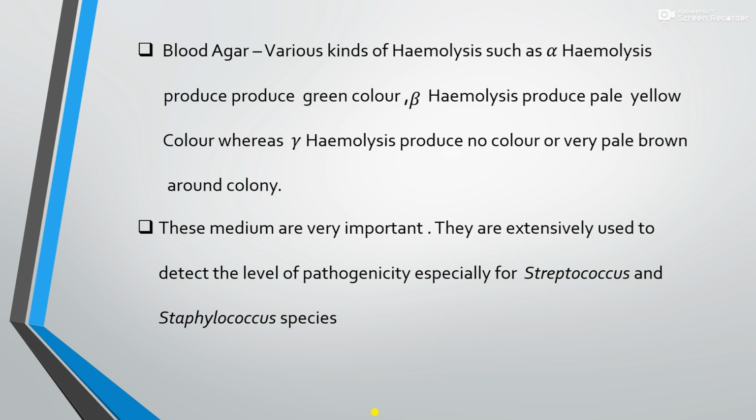Alpha hemolysis produces a green color. This hemolytic behavior is extensively studied for Streptococcus and Staphylococcus species to check their pathogenicity, and we generally use blood agar.